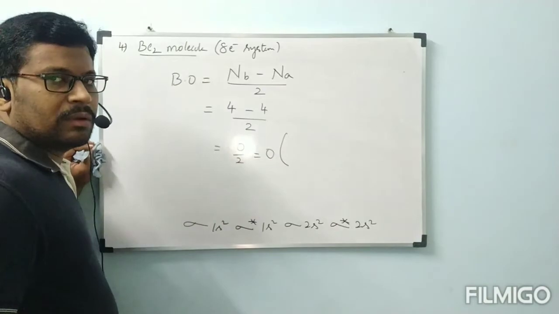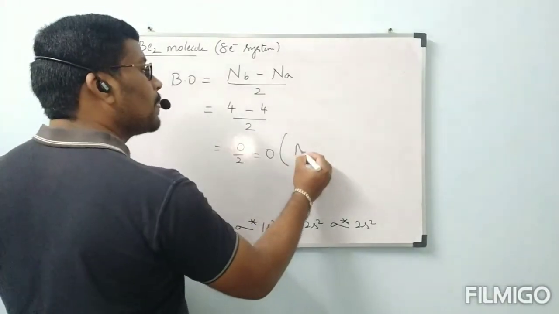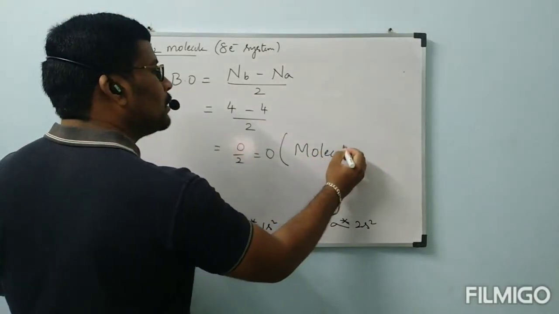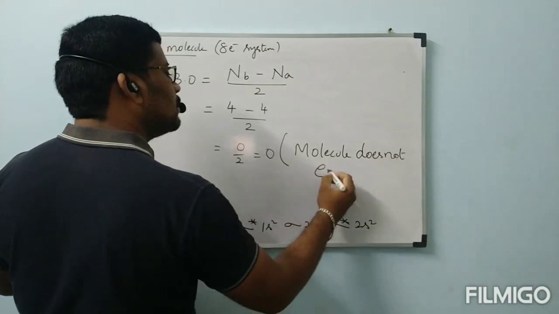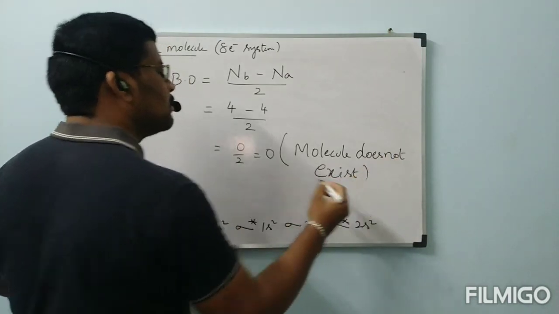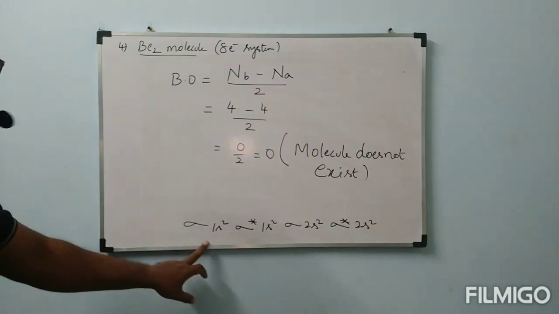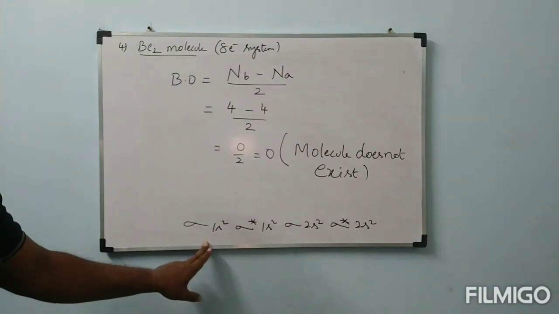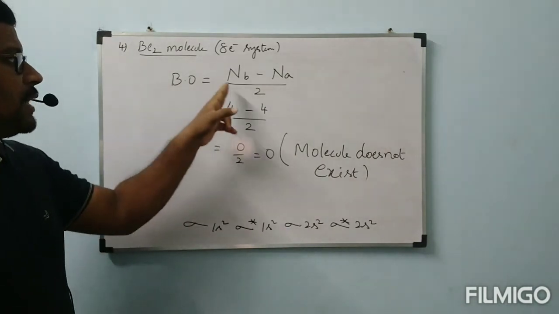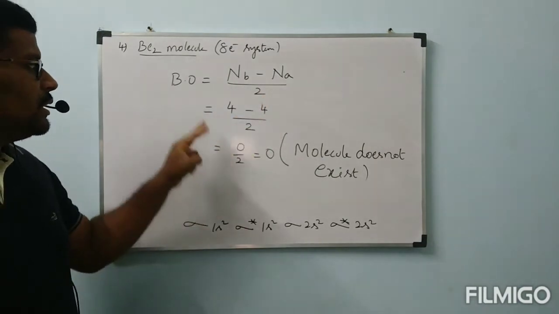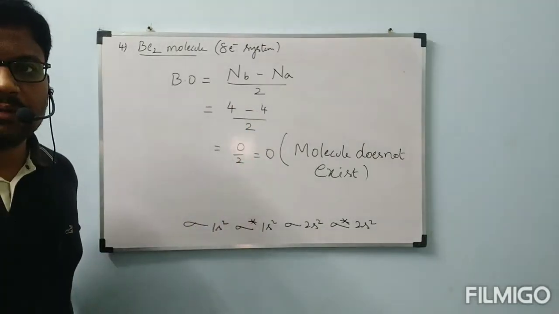If bond order is equal to 0, the molecule does not exist. This is the molecular electronic configuration of the Be2 molecule, and this is the bond order, (Nb minus Na) by 2, equal to (4 minus 4) by 2, 0. The molecule will not exist.